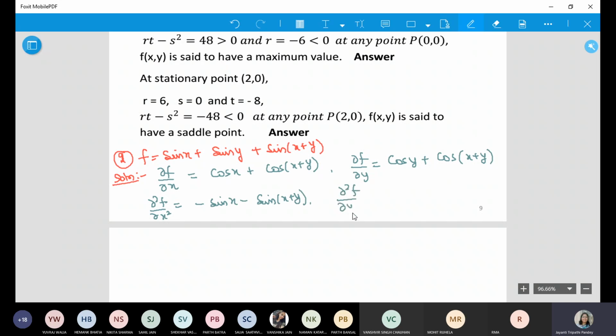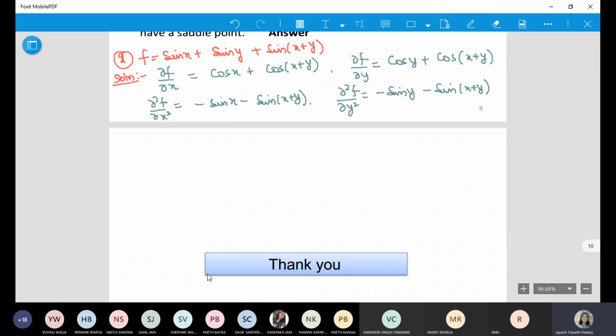Del 2f by del y square is minus sin y minus sin(x plus y). Now del 2f upon del x del y is equal to minus sin(x plus y). I hope this is clear. So this is your r, this is your t, and this is your s.